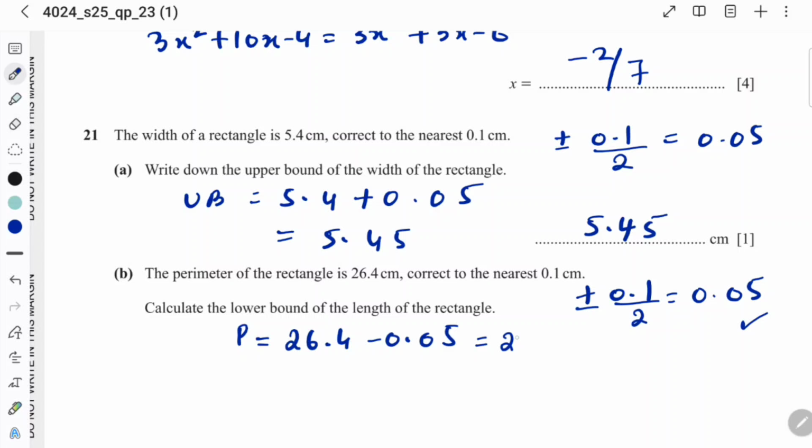Okay, so you know that perimeter means 2L plus 2B, or 2 times L plus B. The perimeter is 2L plus 2B or 2 times L plus B. Then you will calculate the lower bound length.